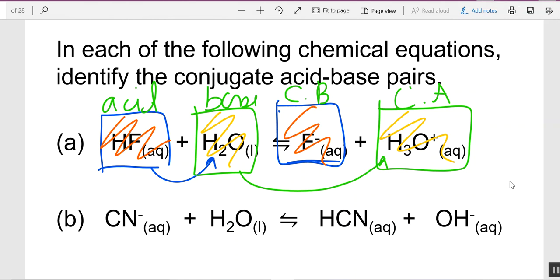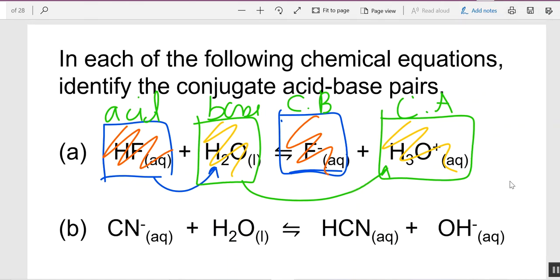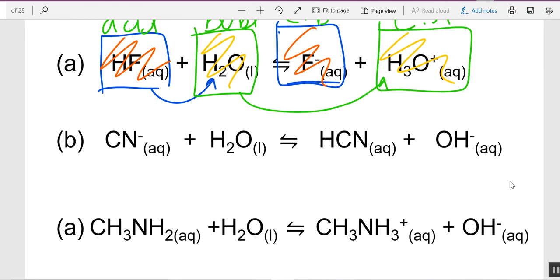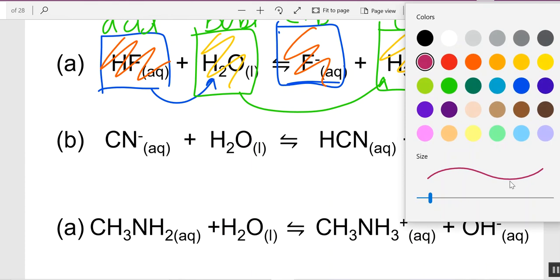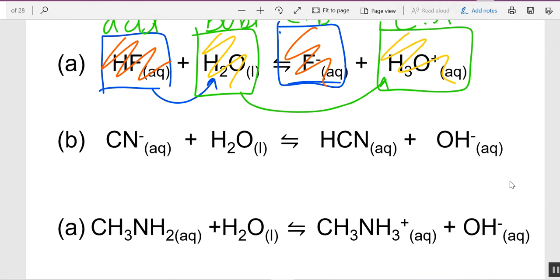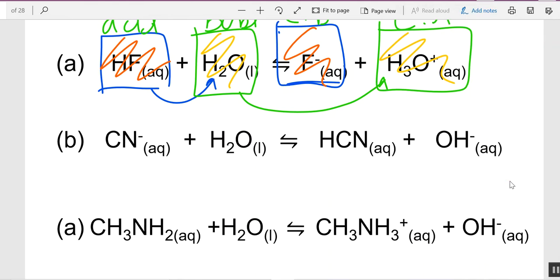Let's try looking at the other one. What do you think about this one? It doesn't have H plus, so it cannot be an acid. So it has to be a base, right? It accepts the H plus from water.